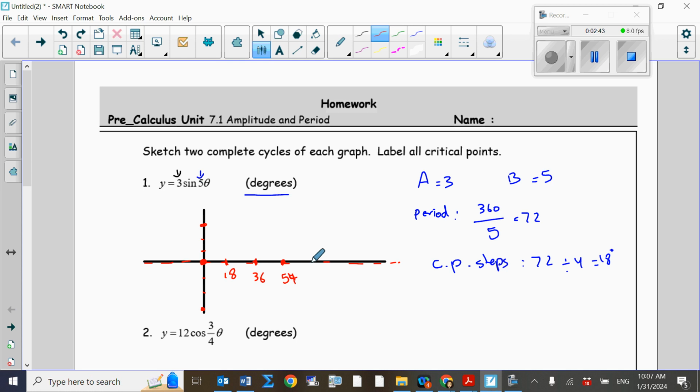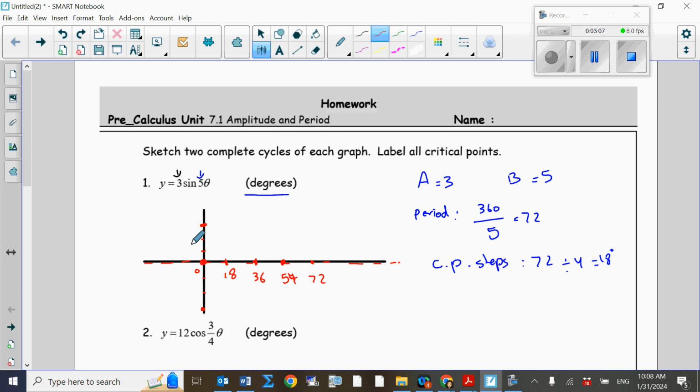And next, plus 18 is 72. So this is going to be one period of the function. You see 1, 2, 3, 4, 5 critical points starting from 0, and we have 4 pieces between them.